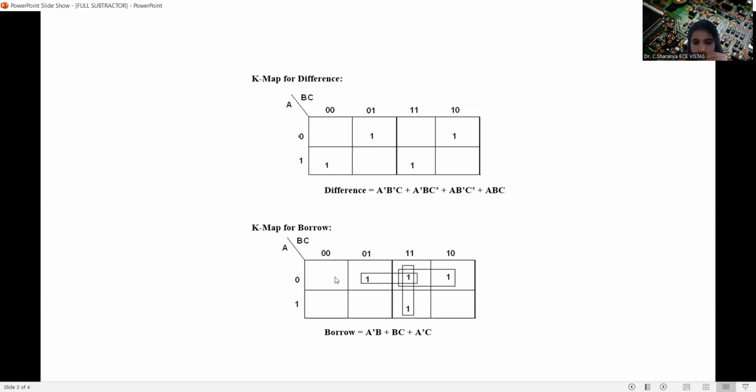And then going for the borrow, we can group the ones as twos, these two ones together, these two ones together, and these two ones together.